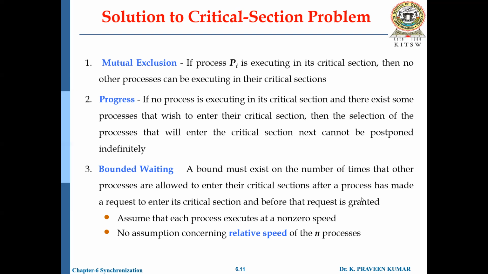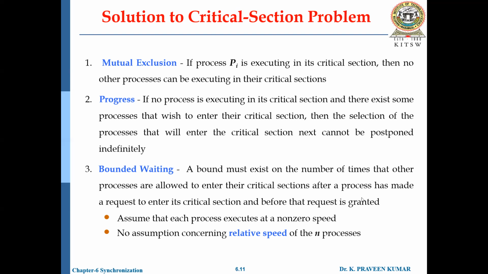That is, when a process is executed by the CPU, no other process will be allowed. That is mutual exclusion. Progress: if no process is executing in its critical section, that means the CPU is not executing any process, and there exist some processes that wish to enter the critical section, then the selection of the process that will enter the critical section next cannot be postponed indefinitely.